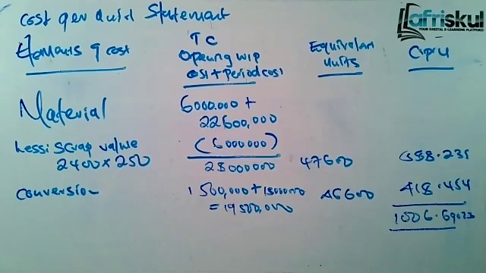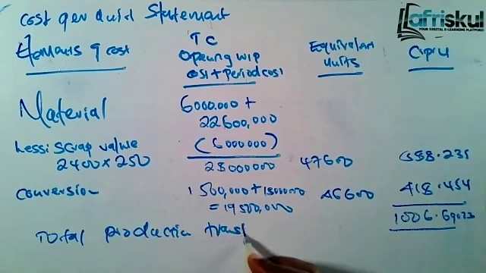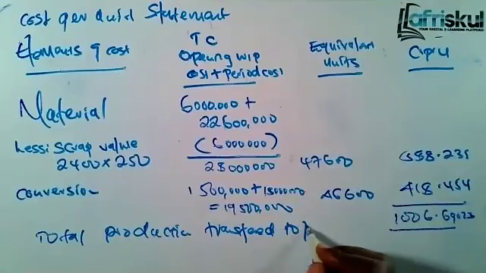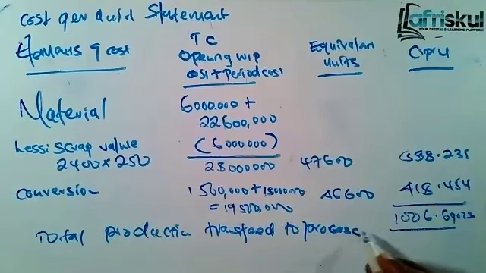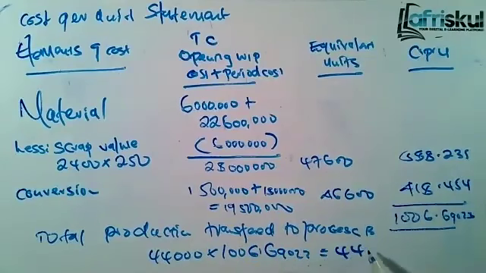And then the total production costs transferred to process B equals 44,000 units, the ones that were completed, times 1,006.69023, which is 44,294,370.